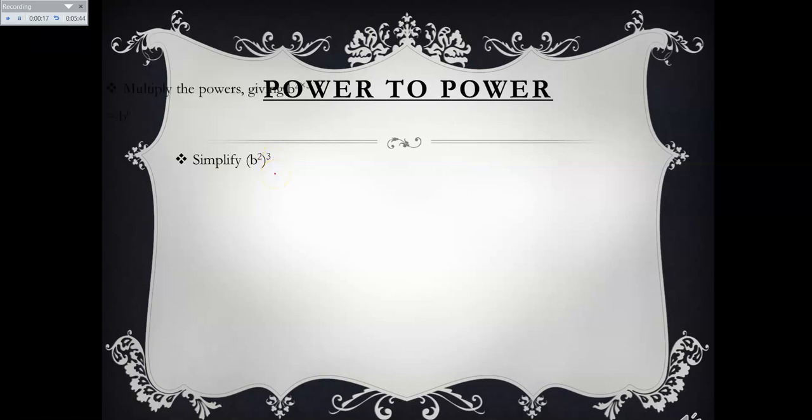Now, if we were supposed to do it the long way, then b squared to the 3rd power would mean b times b times b times b.